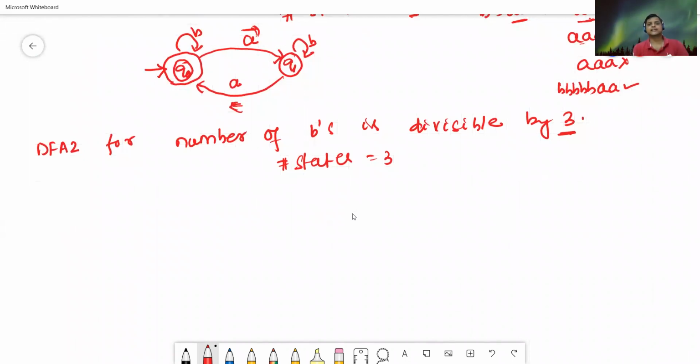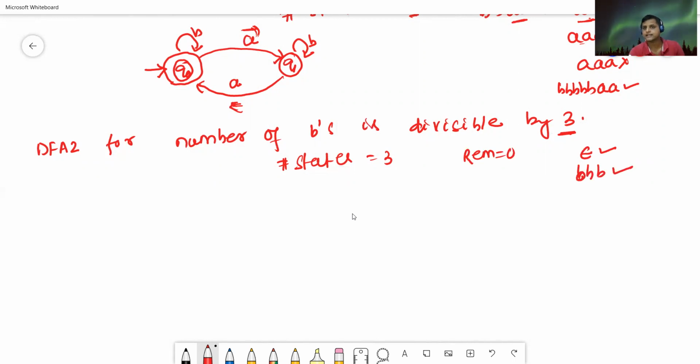Now we'll check some valid and invalid strings. Valid means the number of B's must be divisible by 3, but A can be any number. For example, epsilon is divisible by 3, so the remainder equals 0, and that should be fine.